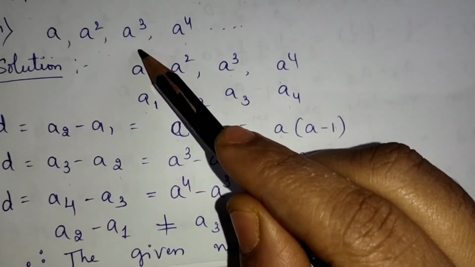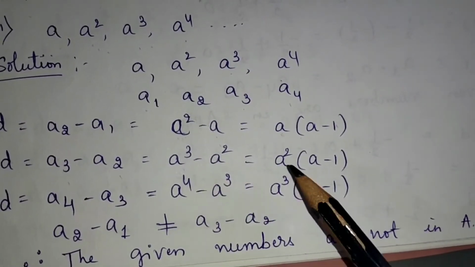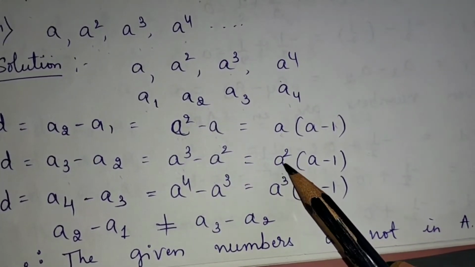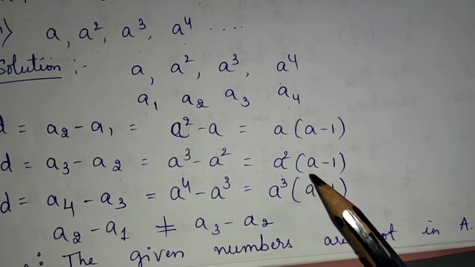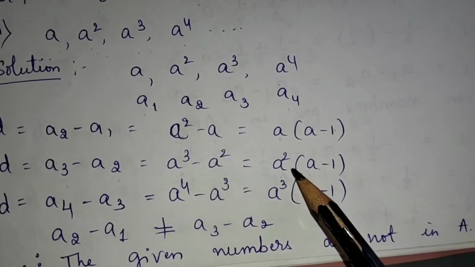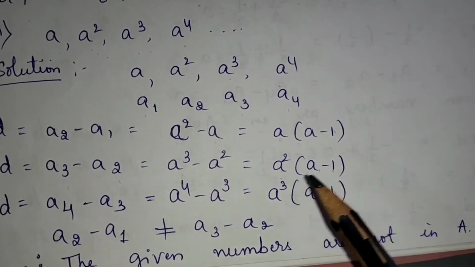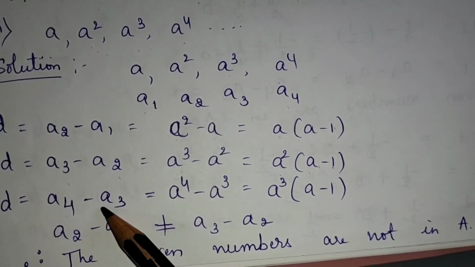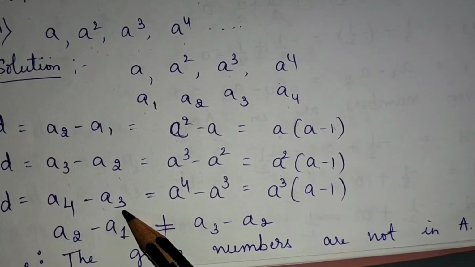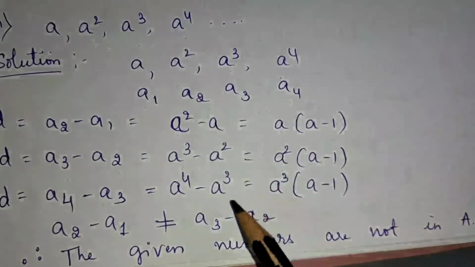Similarly, find the difference of a3 minus a2. a3 is a cube minus a square. Here you can take a square as a common. If you take a square as a common, here a is left and minus, here a square is taken out, hence you are left with 1. Same way, if you find a4 minus a3, that is 4th term minus 3rd term, a to the power of 4 minus a to the power of 3.